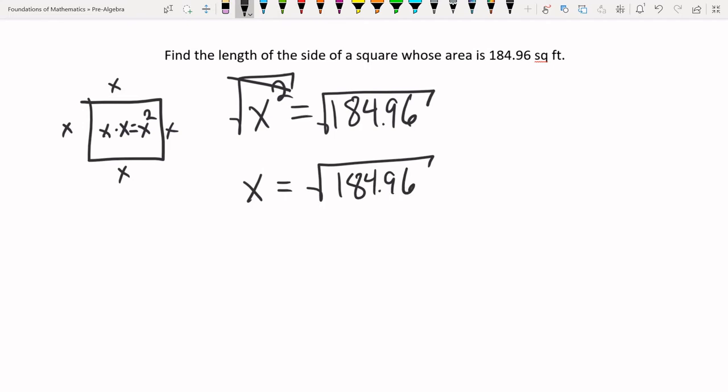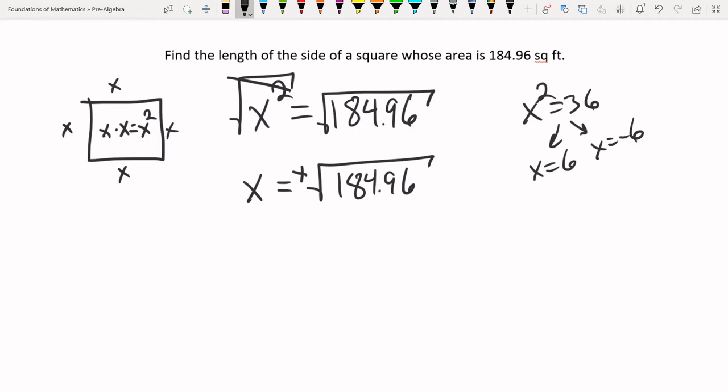184.96. And in this case, you would have to consider both the positive and negative, but since the length of a side of a square can never be negative, it's a distance and distance cannot be negative, we have to have a positive number here. Like I told you before, x squared equals 36 actually has two answers, x equals 6 and x equals negative 6.